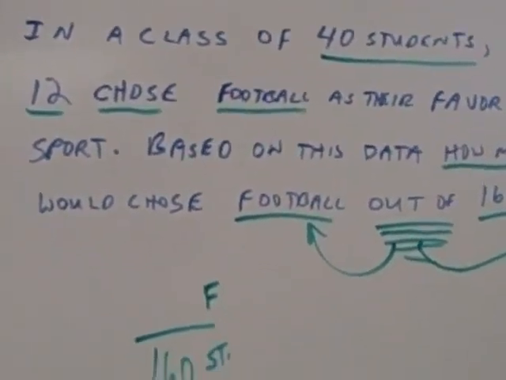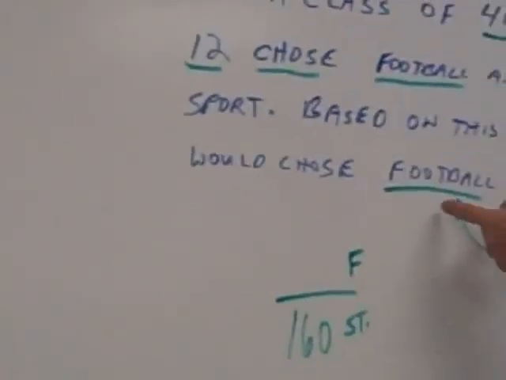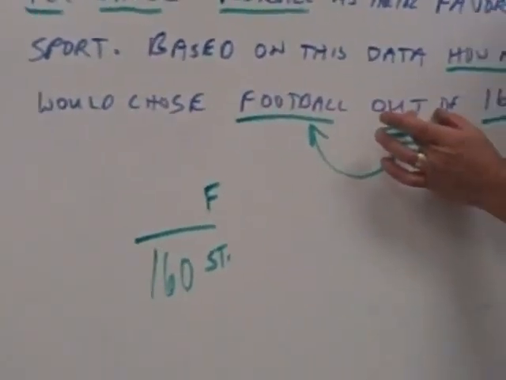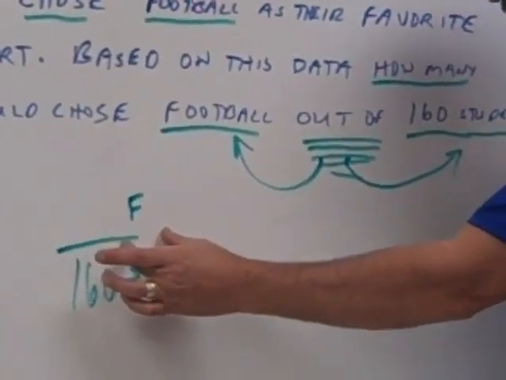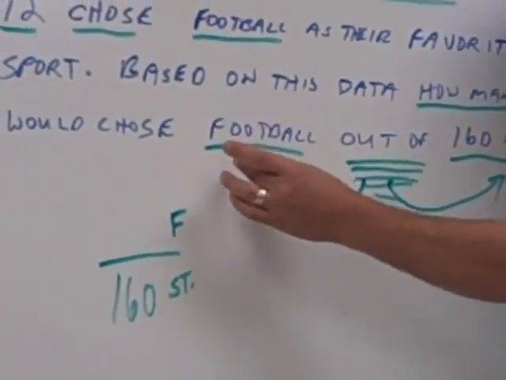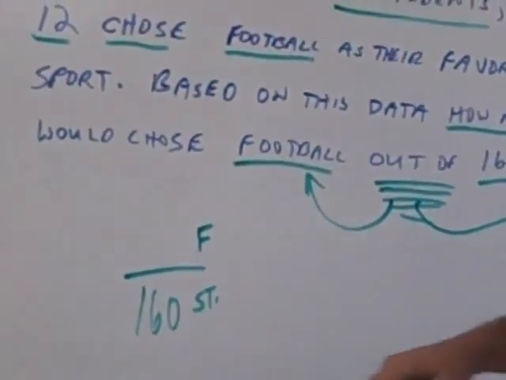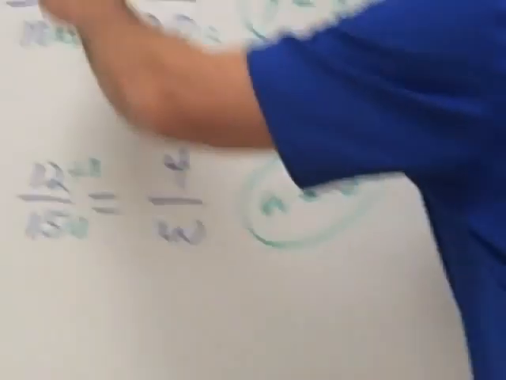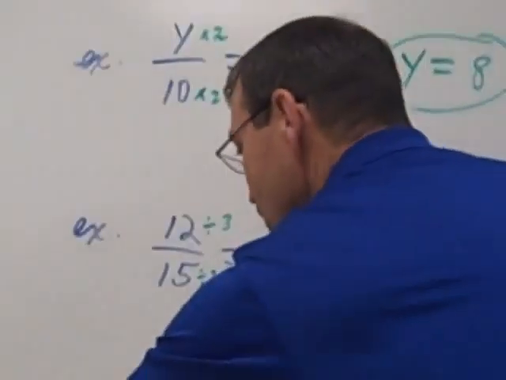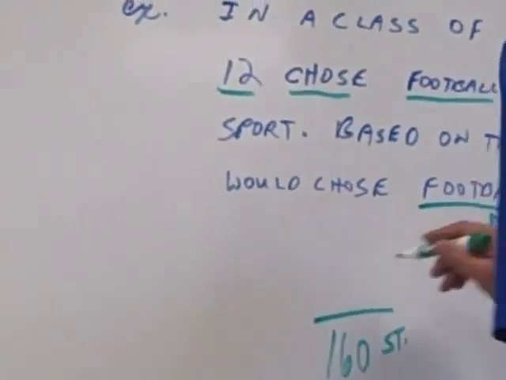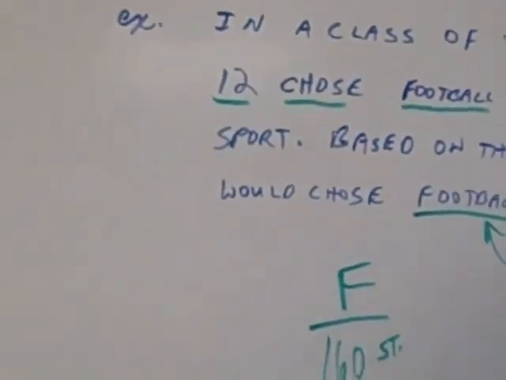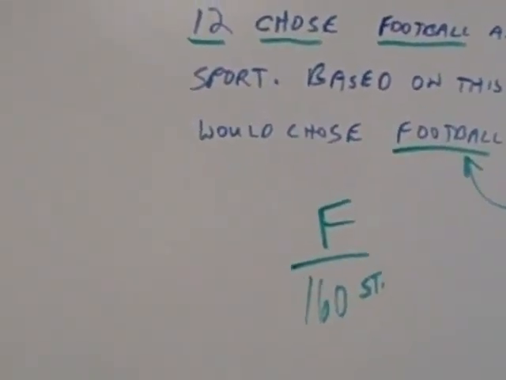We do not know. When we see these words right here, that's this fraction. We do not have a number for the football. When we don't have a number, what do we put, y'all? A letter. Can we use F representing our football? Yes, sir. And then we have 160 students.